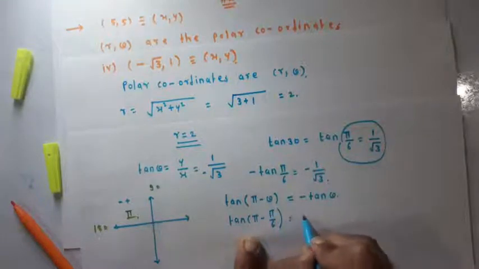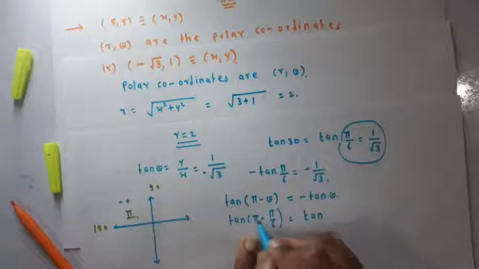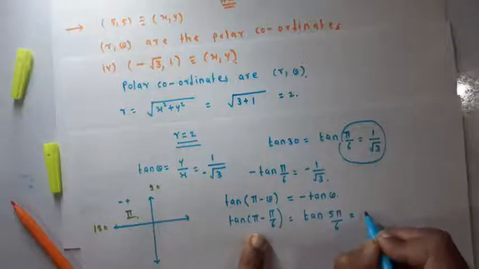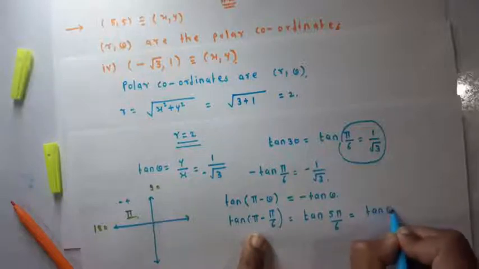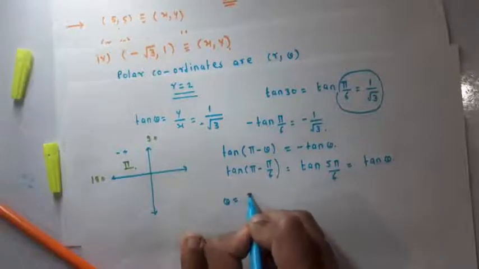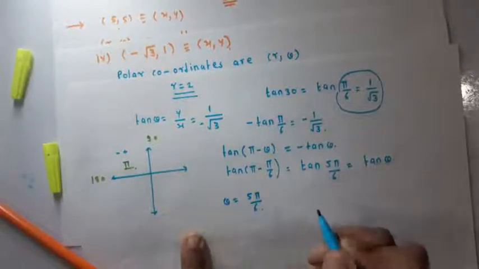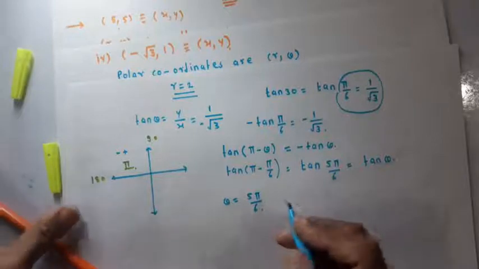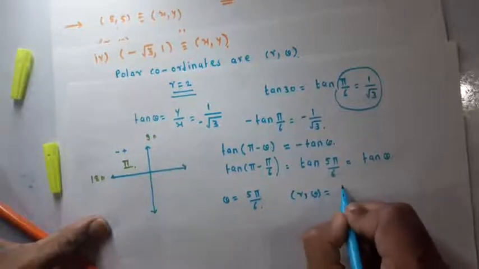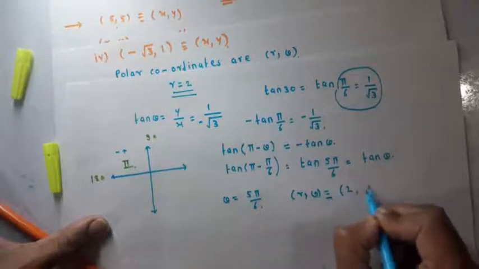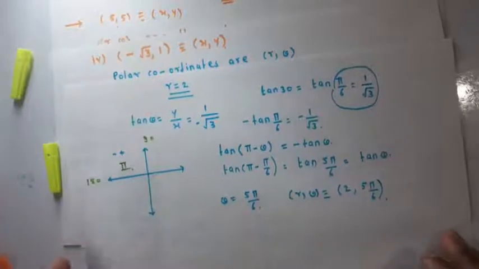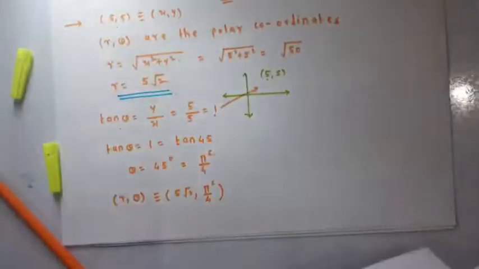And this is tan of pi minus pi by 6, and this is tan theta. Therefore theta equal to 5 pi by 6. And hence the polar coordinates are 2 and 5 pi by 6. Okay, in this way.